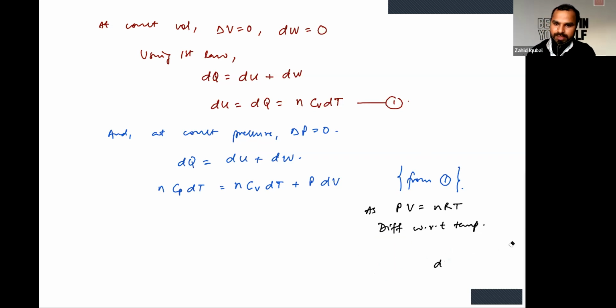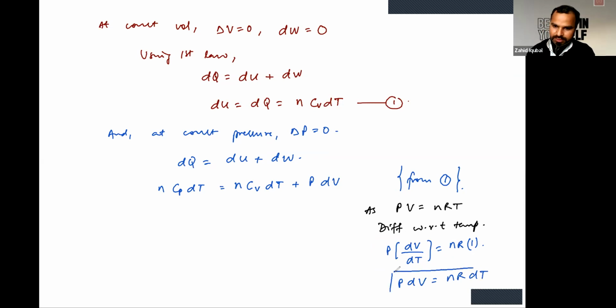Instead of doing this whole part, you may write like this. P is constant, keep it outside. Differentiation of volume, dV by dT, is equal to nR, and differentiation of temperature will be just 1. So move this dT to the right side and you'll get PdV is equal to nR dT.